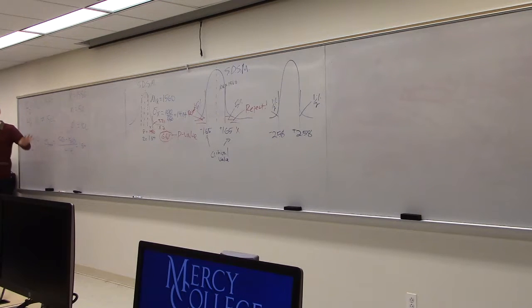And then we compare that 6.6% to our significance level. If our significance level is 10%, meaning we are not willing to believe anything less likely than 10%, we reject the realtor's null hypothesis.